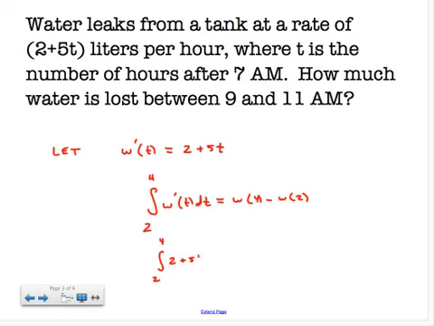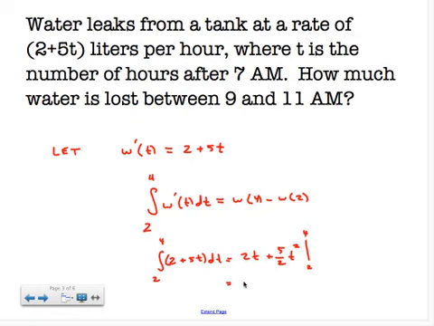Simple enough calculation. We've done this several times already, but now our answer may have some more meaning in the real world. So let's see here. All right. An antiderivative that we can use is 2t plus 5 halves t squared. And we need to input the limits of integration, upper limit first, lower limit second.